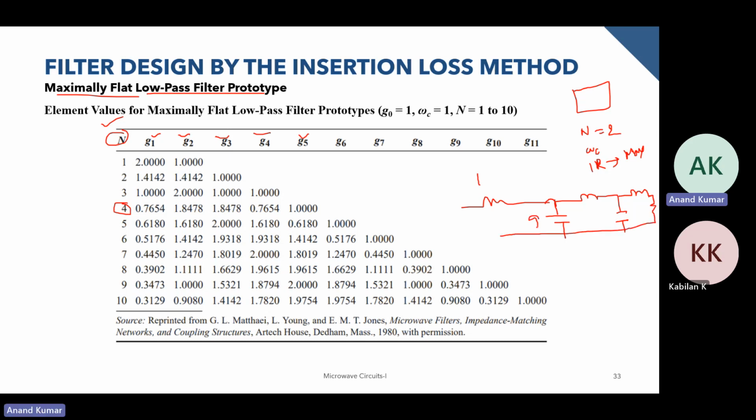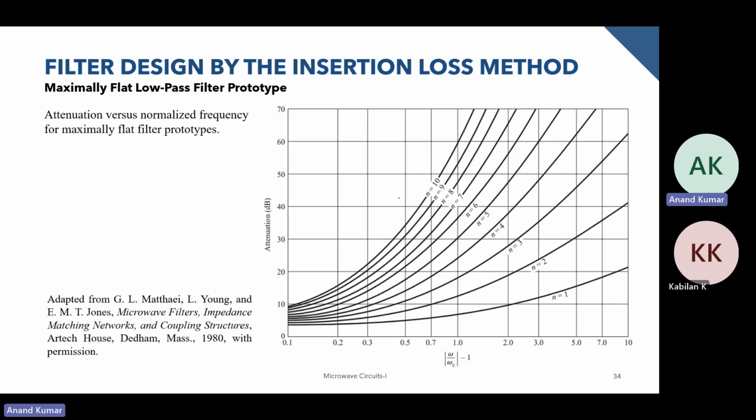This will be your G1, this is G2, this is G3, this is G4, and this is G5. The normalized values you can borrow from this table, and you can do it similarly for the other order filters as well. Up till 10 is available with us. Once we have chosen the order of the filter, we get the normalized values.